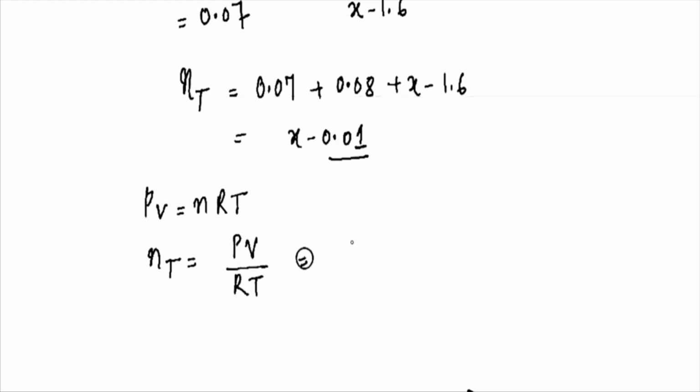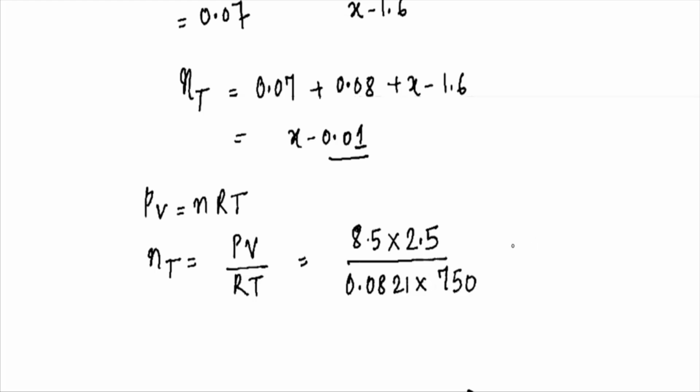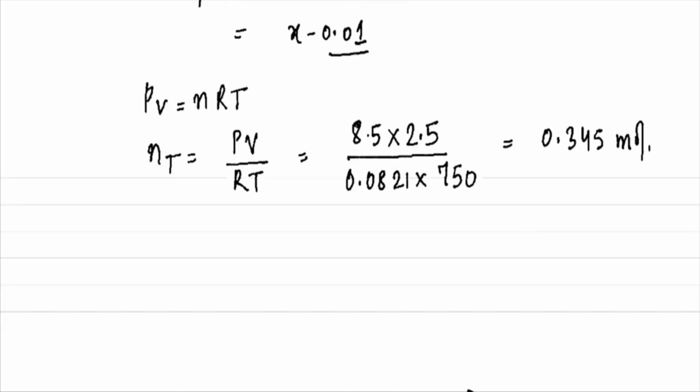So pressure is given, that is nothing but 8.5 atm, and the volume is also given, that is 2.5 liters, and we also have R, 0.0821, into temperature, which is 750 Kelvin. If you just do the maths, we will get the value of 0.345 moles, right? So this is the NT that we calculated using the ideal gas equation.